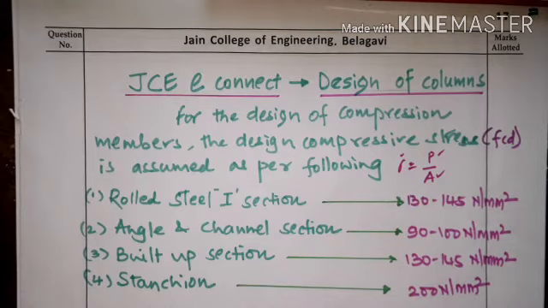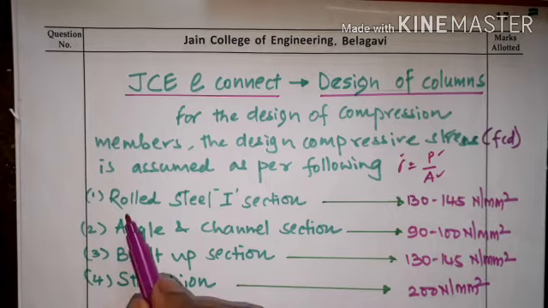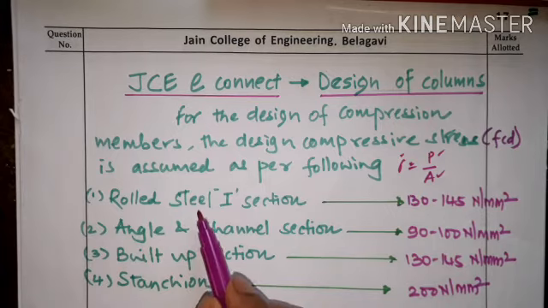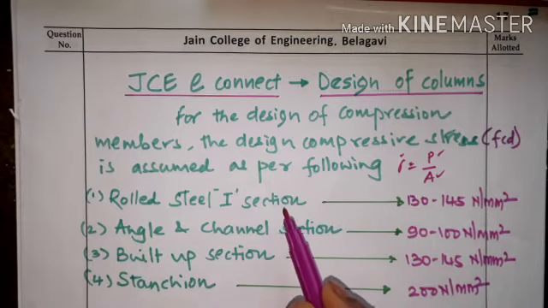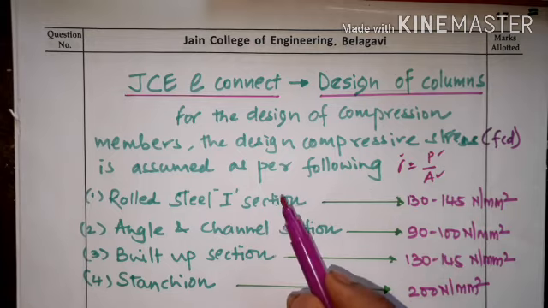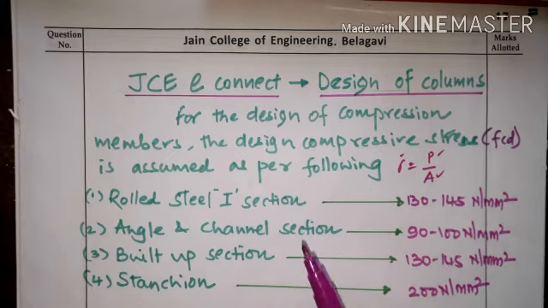Suppose the first case is you are going to design a rolled steel I section as a compression member.